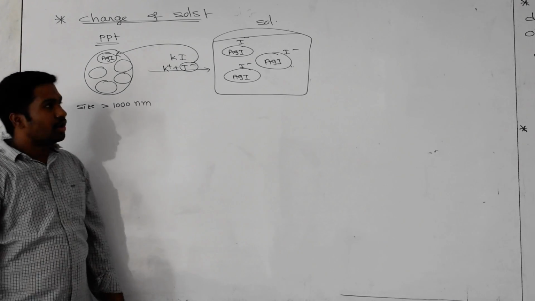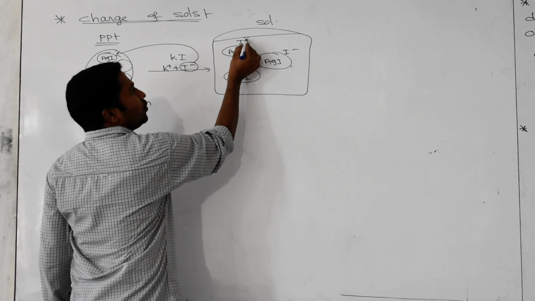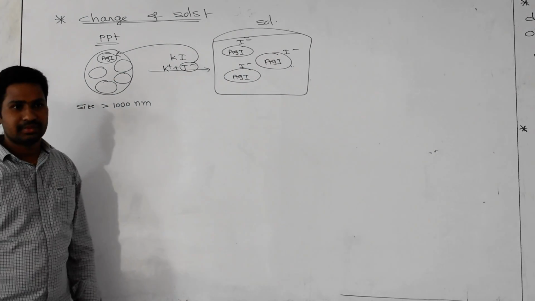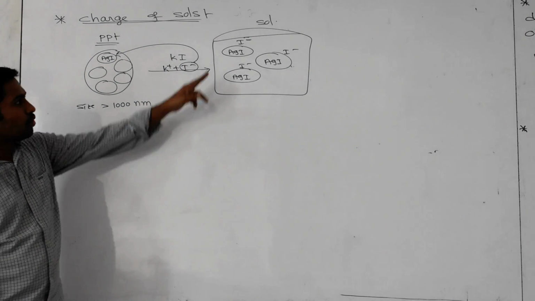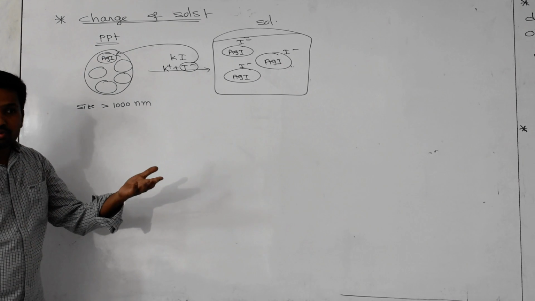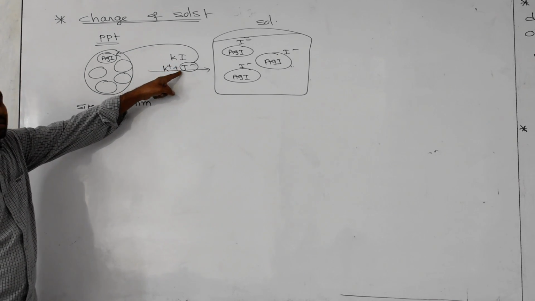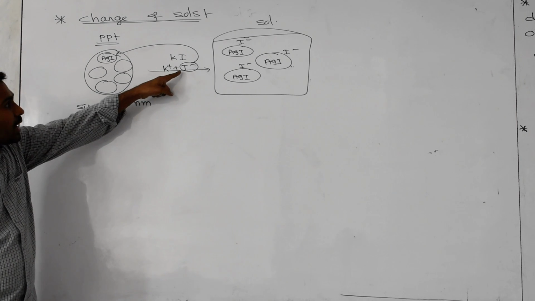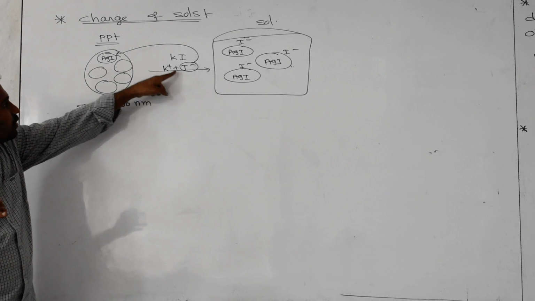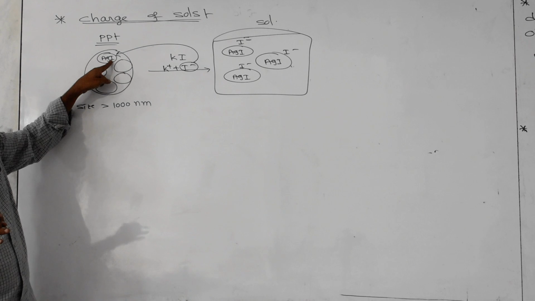Now what is the important information here? How do the colloidal particles get charged? Can you explain the concept? While preparing sols by a method like peptization, from outside we are adding an electrolyte. From the added electrolyte, a suitable ion may undergo adsorption on the surface of the colloidal particle.